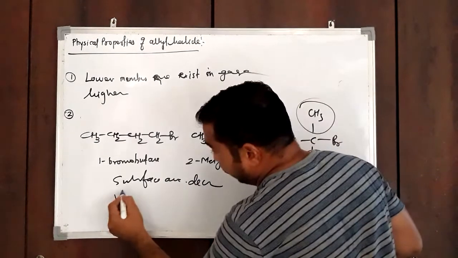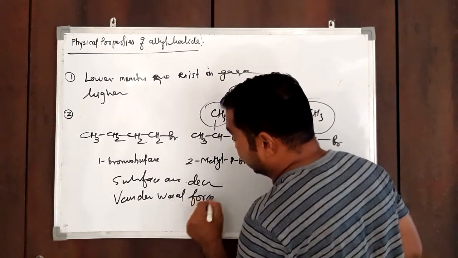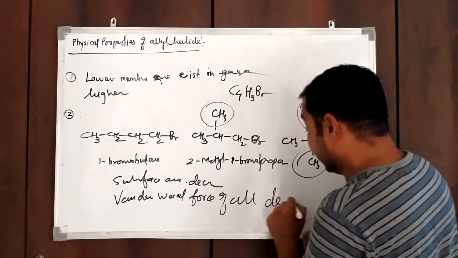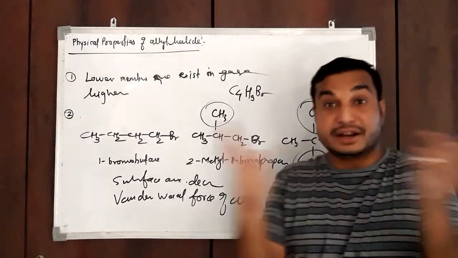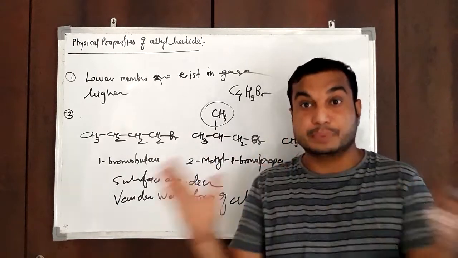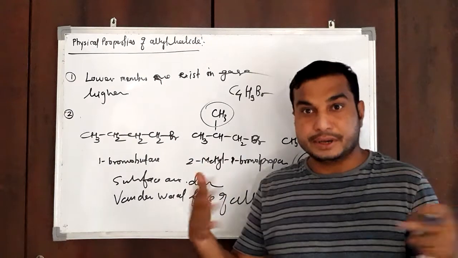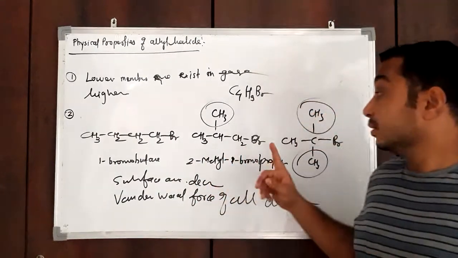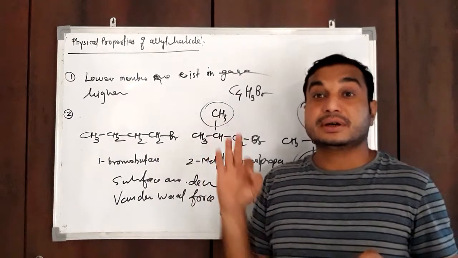Therefore, van der Waals force of attraction decreases, which means interaction is poor and a lesser amount of energy is required to separate them during determination of boiling point or melting point. So as branching increases, melting point and boiling point also decrease.